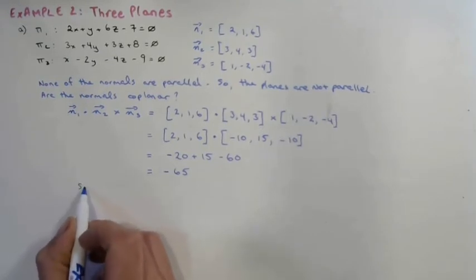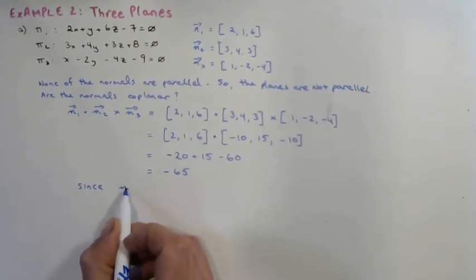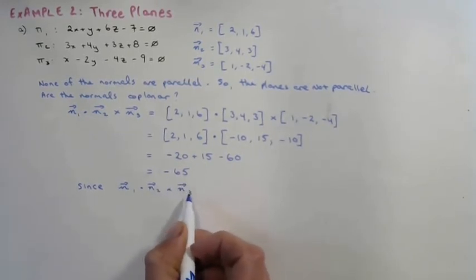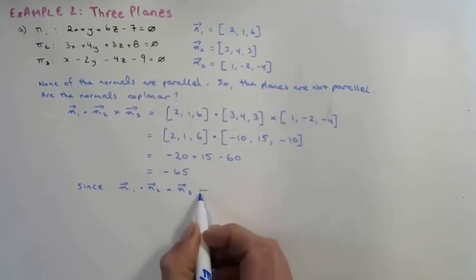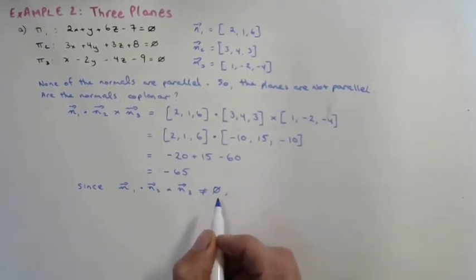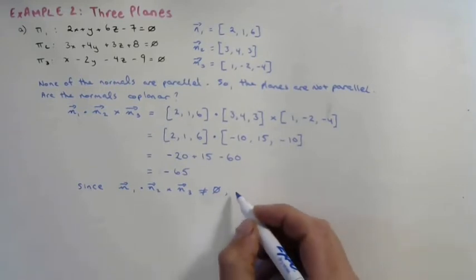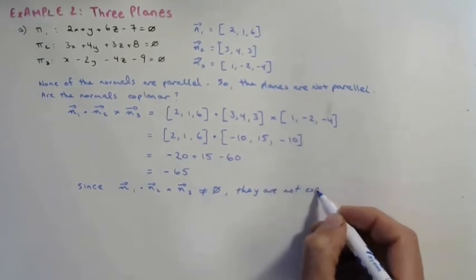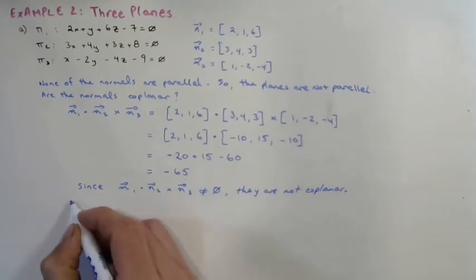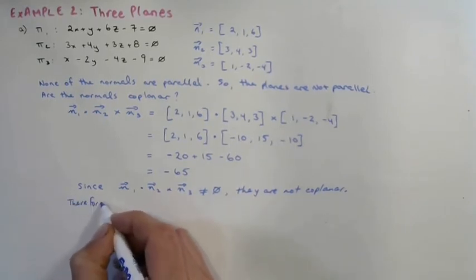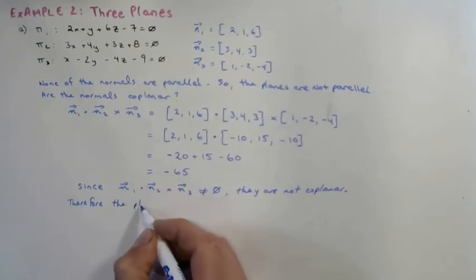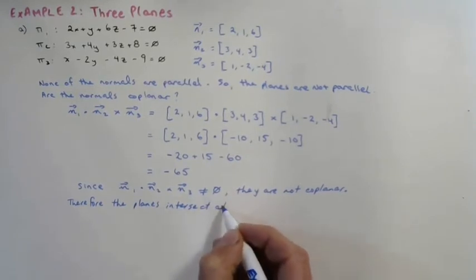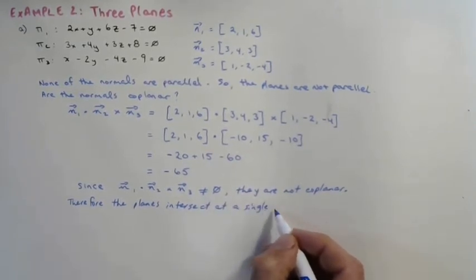All right, looking back at our notes, since N1 dot N2 cross N3 does not equal 0, they are not coplanar. Therefore, the planes intersect at a single point.